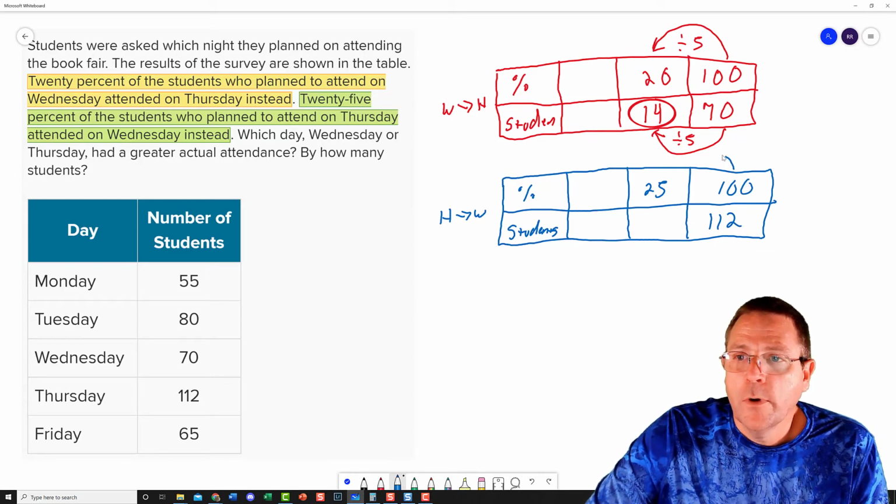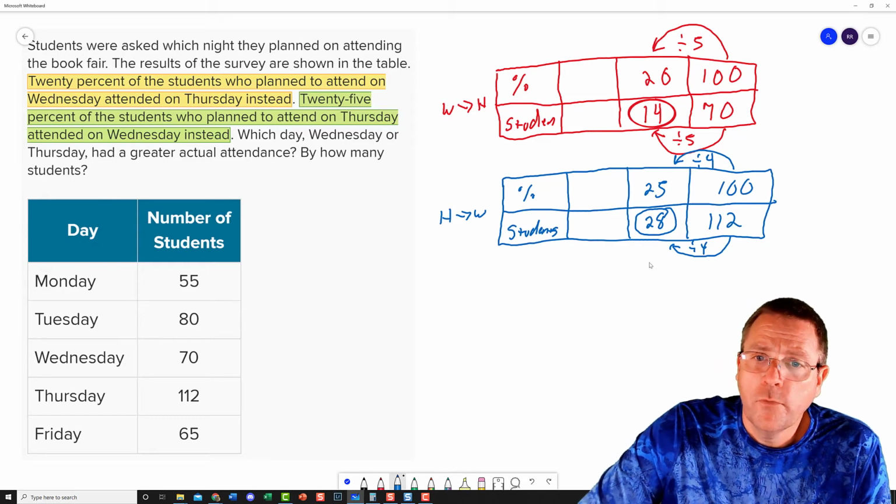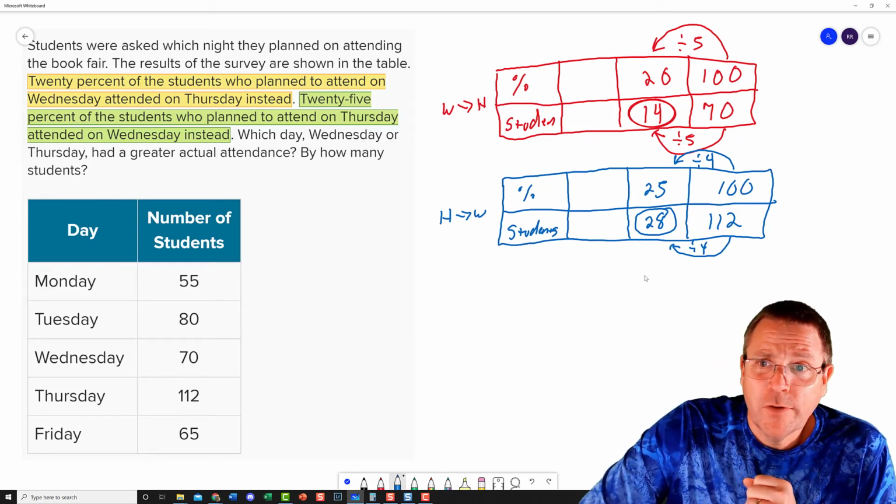Well, 100 divided by 4 is going to give me 25. 112 divided by 4, therefore, is going to be 25 plus 3, which is 28 to go right there. So now we can say that 28 students moved from Thursday to Wednesday.